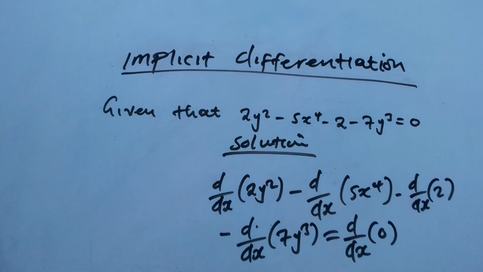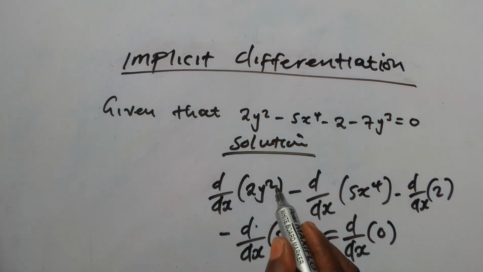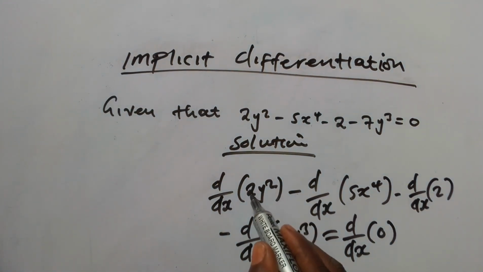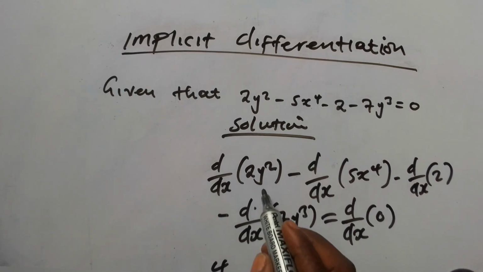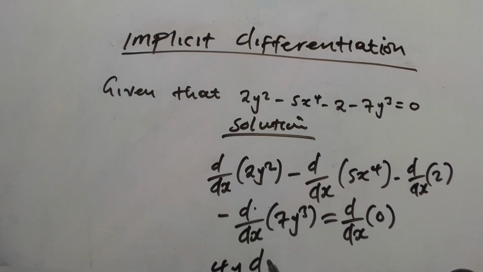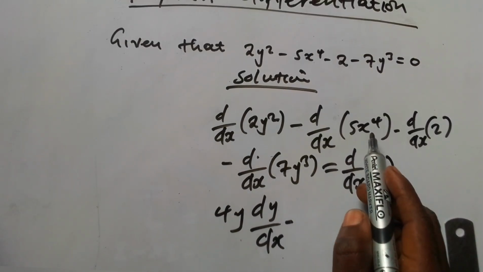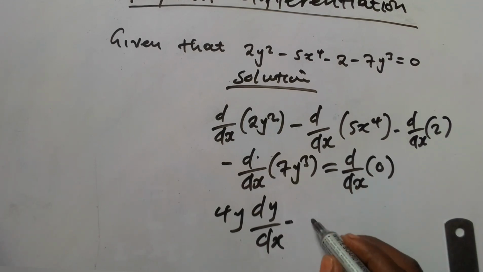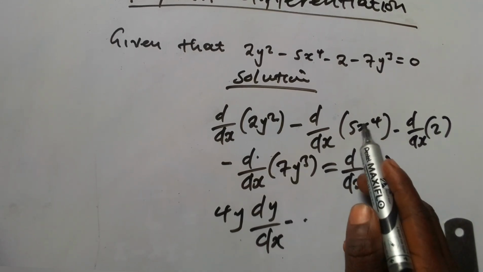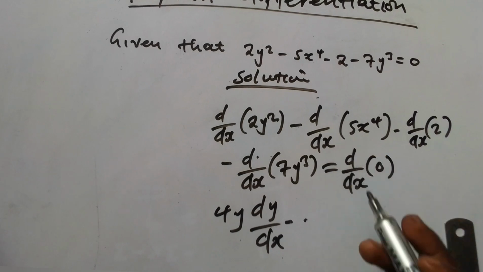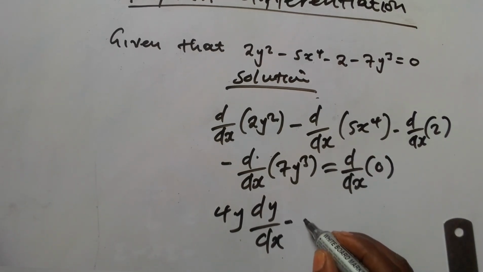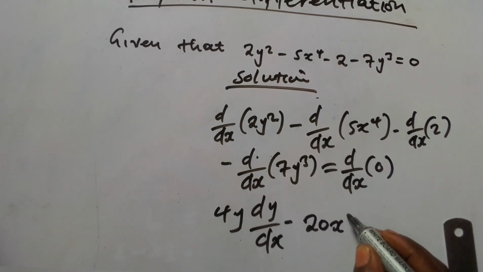Now that we have distributed d over dx throughout the equation, let's differentiate. 2 times 2 is 4, so we are going to have 4y dy over dx. Then minus, because we are differentiating with respect to x, this whole part disappears and we only have 20x cubed.